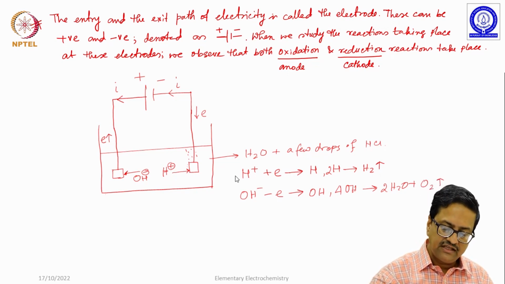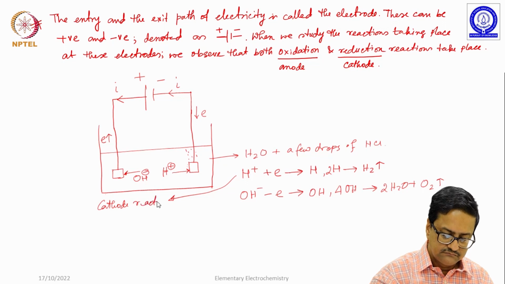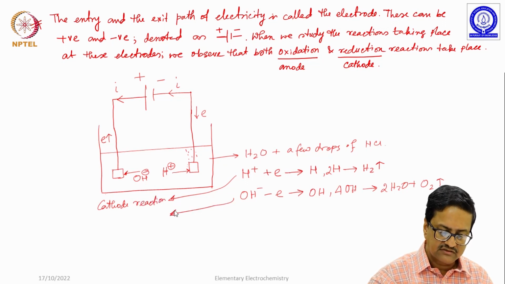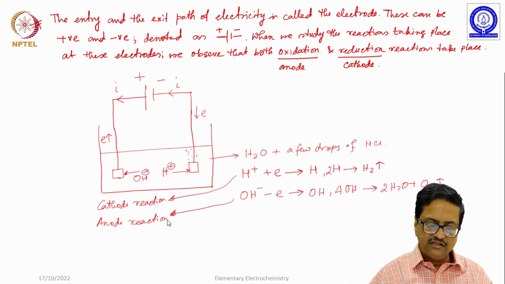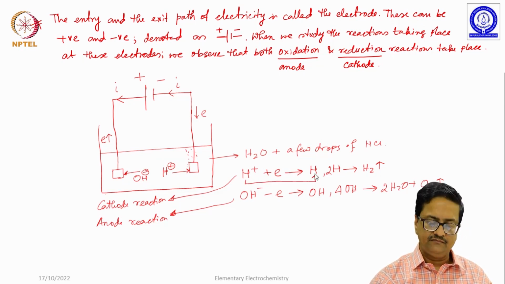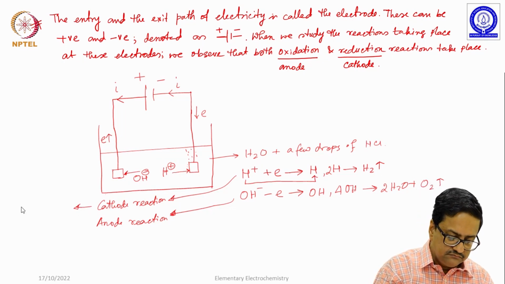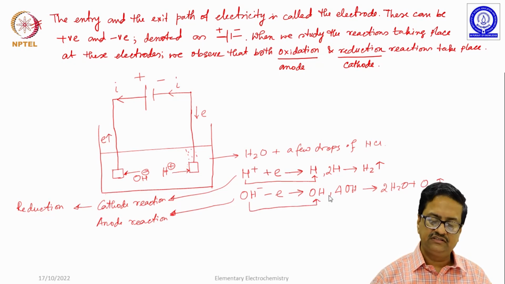This first reaction is called the cathode reaction, and the second reaction is called the anode reaction. Now if you look at these two reactions carefully, you see that in the cathode a reduction has taken place, and in case of anode, an oxidation has taken place.